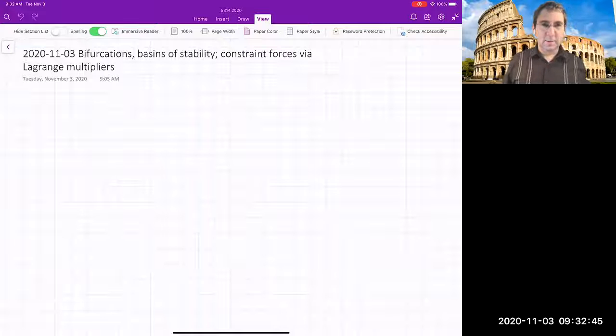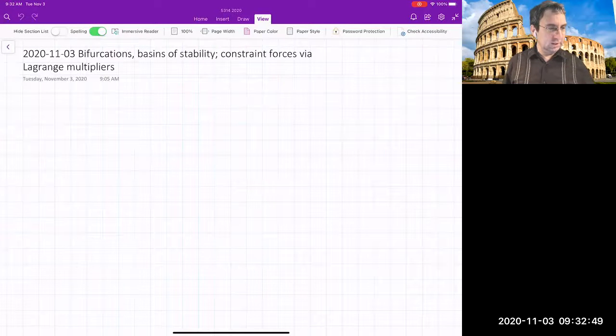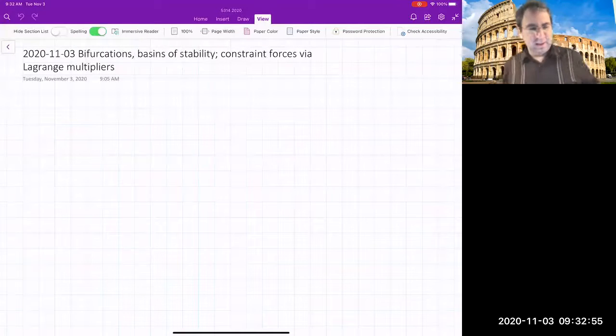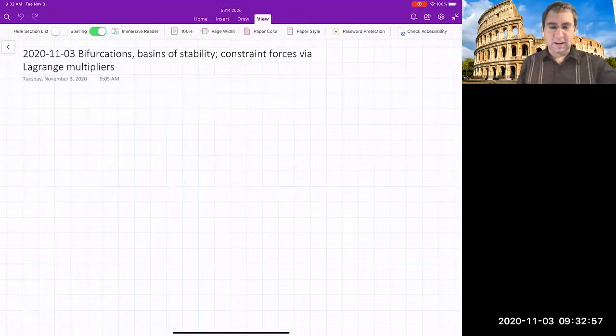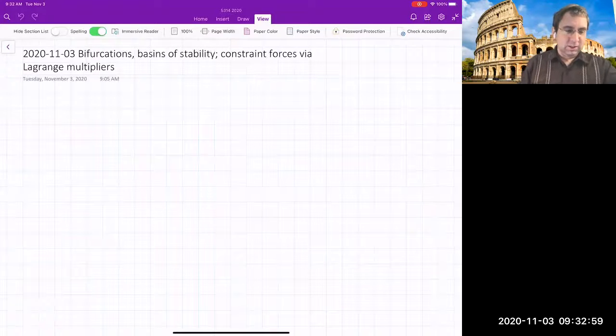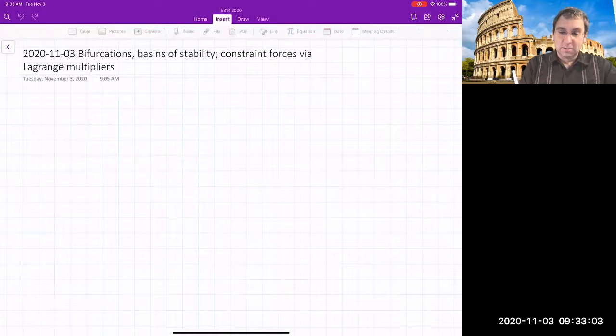We ended last time talking about phase space, and I'm going to say a little bit more about that. If you have the potential energy, you can actually sketch the phase space from just the potential energy.